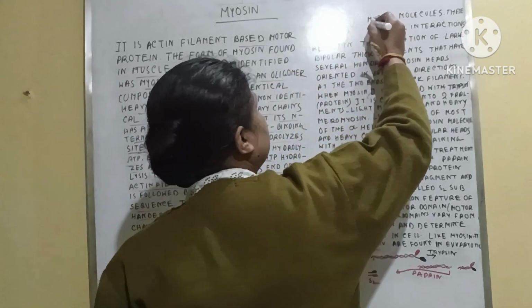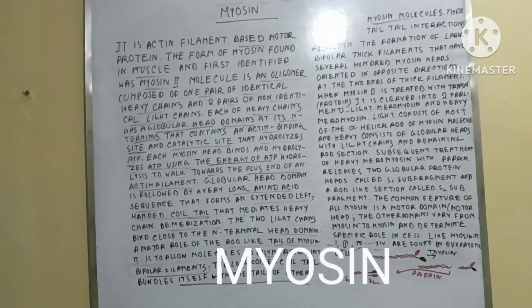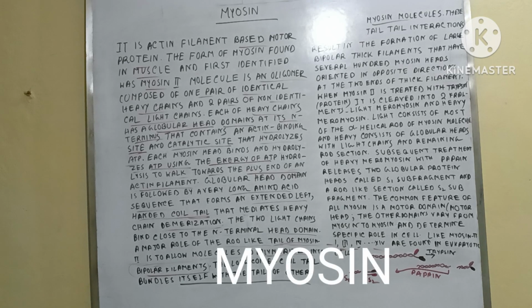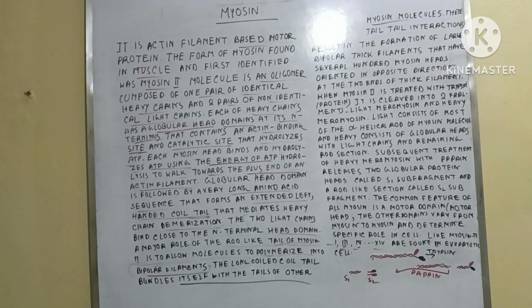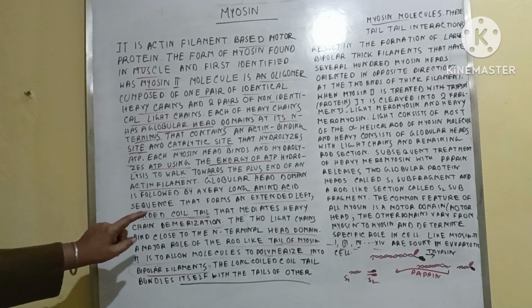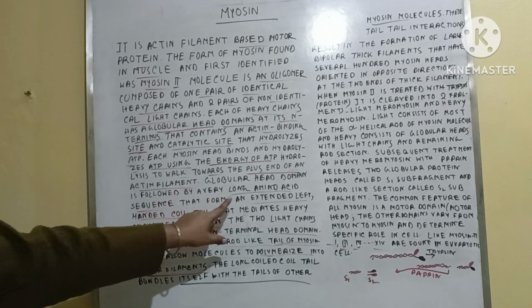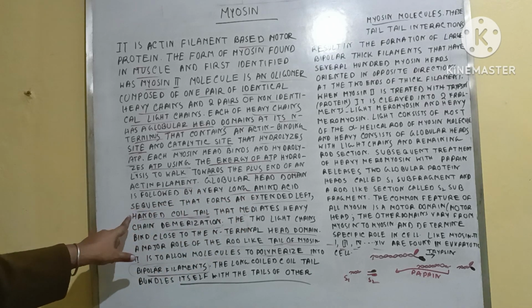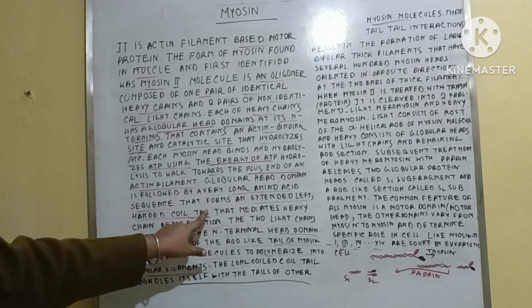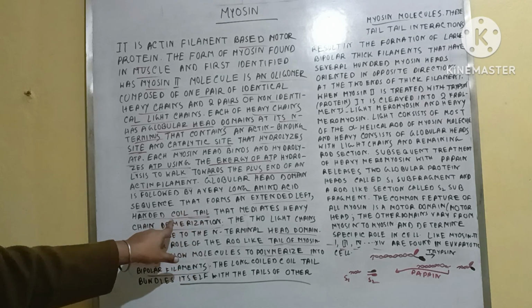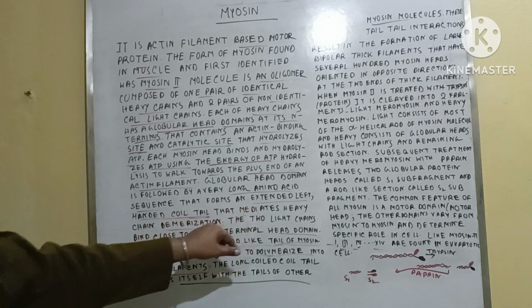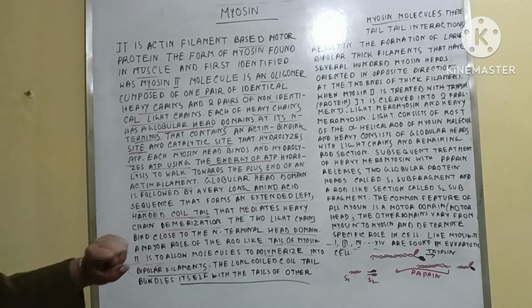Okay. So generally the head region and the tail region. The head region contains the globular head domain, and that contains the amino acid sequences, and the tail, that is the coiling tail, it mediates the demineralization.